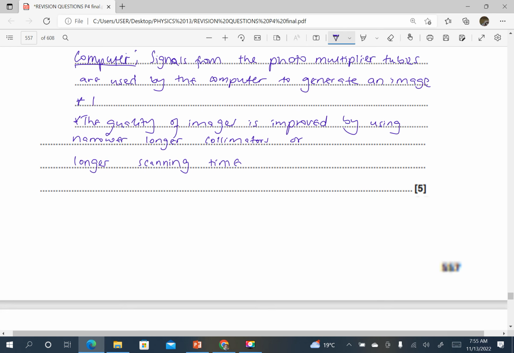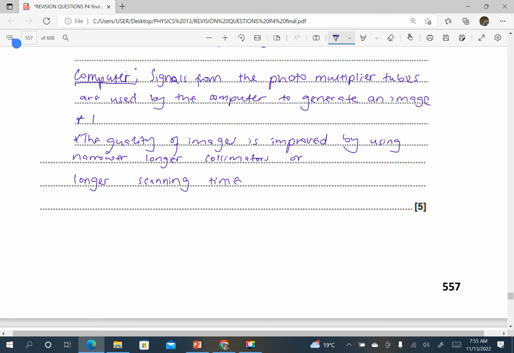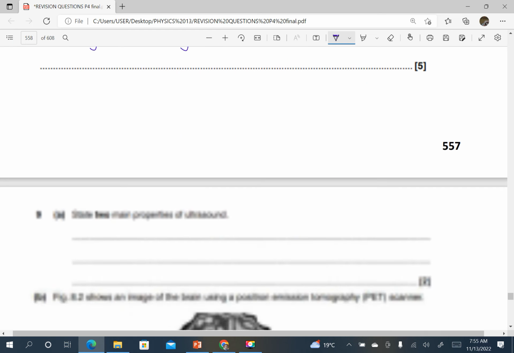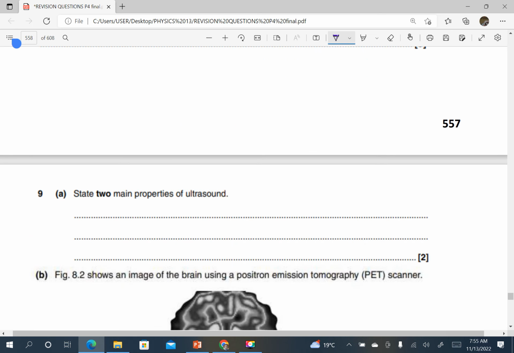Okay, that is that question. State two main properties of ultrasound. I think ultrasound is just like any other sound. It is longitudinal, just like any other sound. So it is a longitudinal wave. Only that it has a frequency greater than 20 kilohertz.